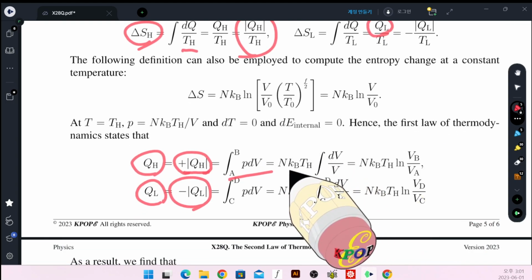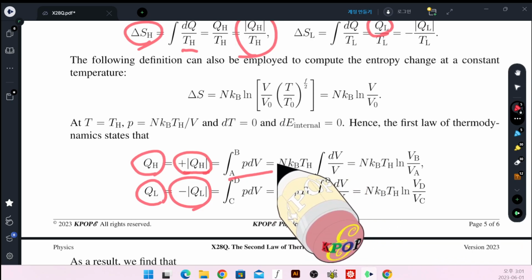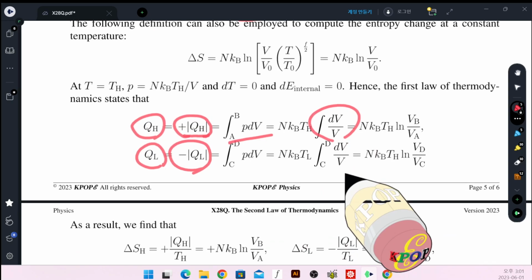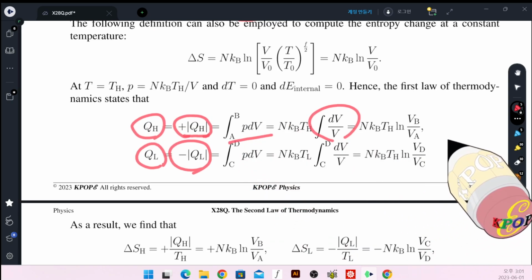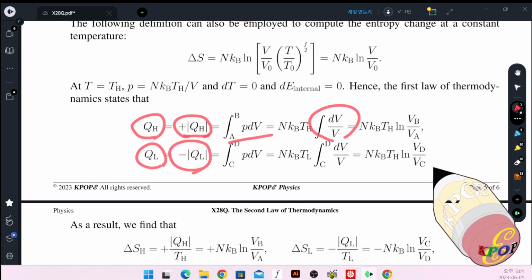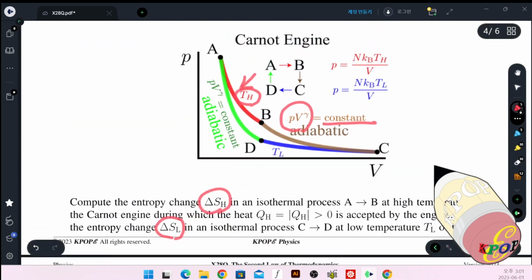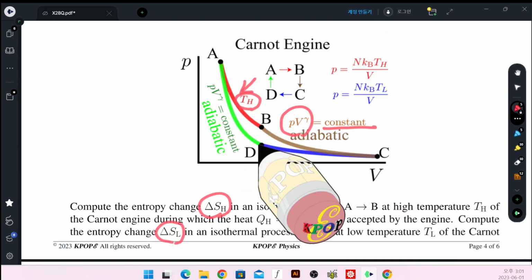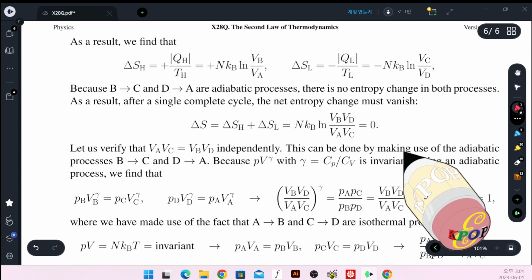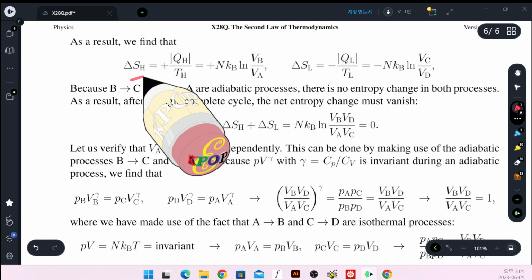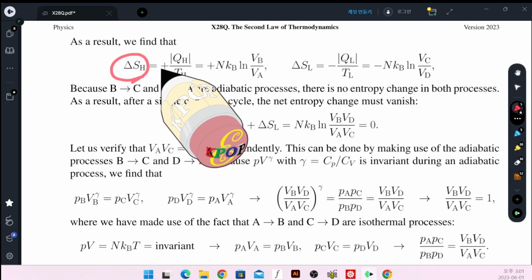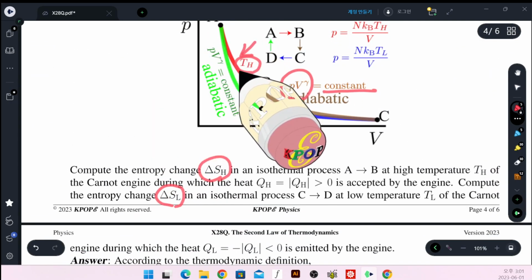We pull out the constant temperature and the N kB T factor, and it becomes a logarithm integral, so initial to final. So we have a log of VB over VA and VD over VC, A, B, C, D. As a result, we find that at high temperature, the delta S change is from VA to VB.